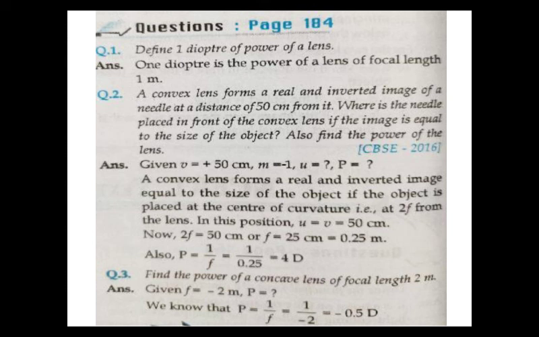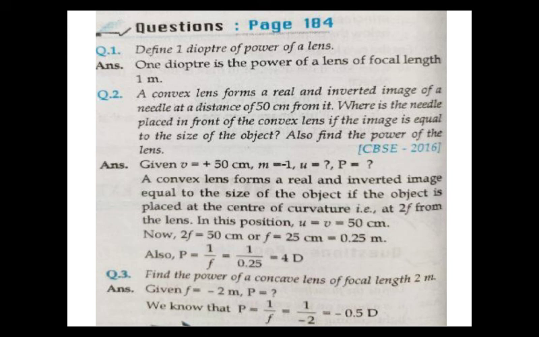And for finding p, as we have f, we can find f by putting the formula 1 by v minus 1 by u equal to 1 by f, and this will be 0.25 meter, and we can find the power.